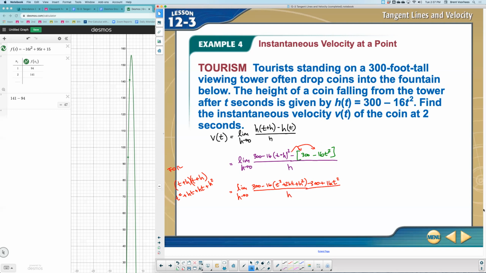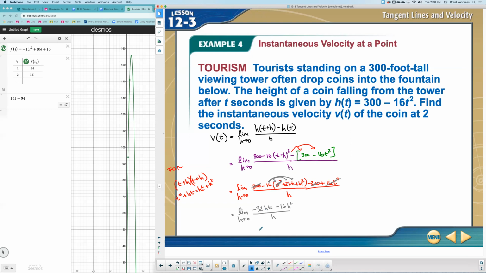And so right away, I can see that some values will simplify here. We have a 300 minus a 300, that'll go away. And I have a minus 16t squared and a plus 16t squared, so these two values will simplify. That would leave us with the limit as h approaches 0 of negative 32ht and negative 16h squared, all over h.